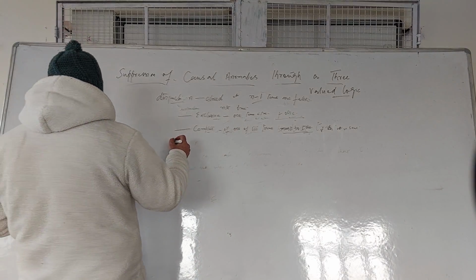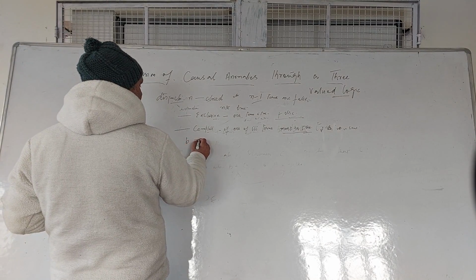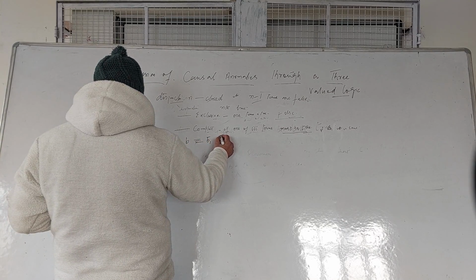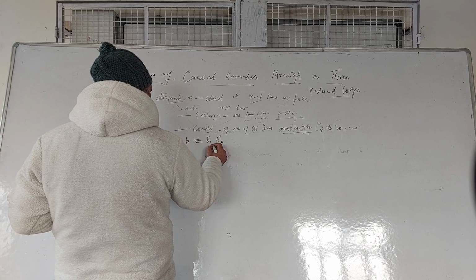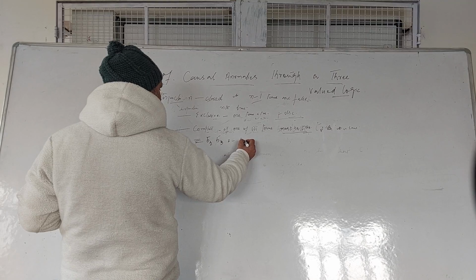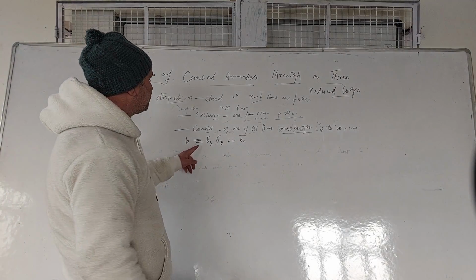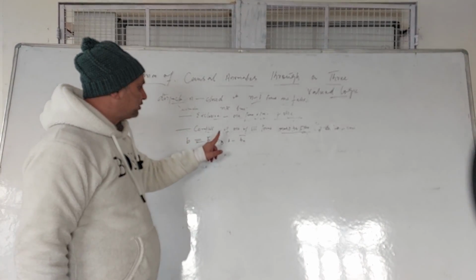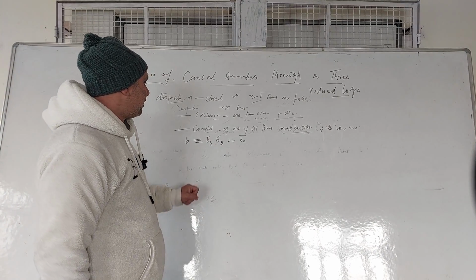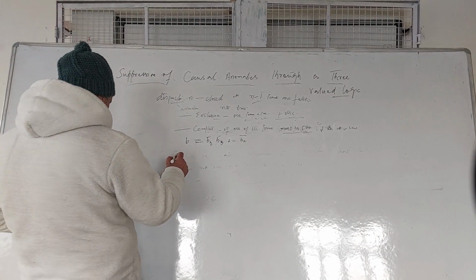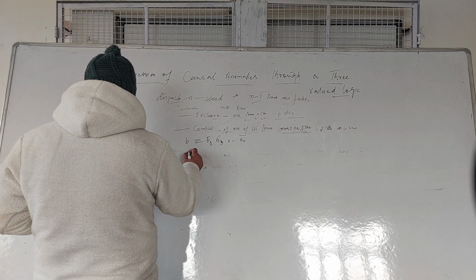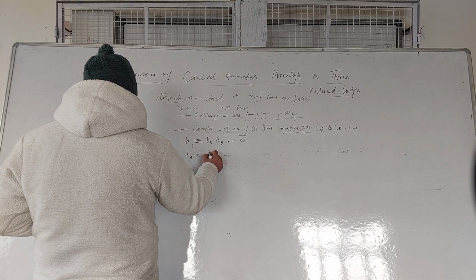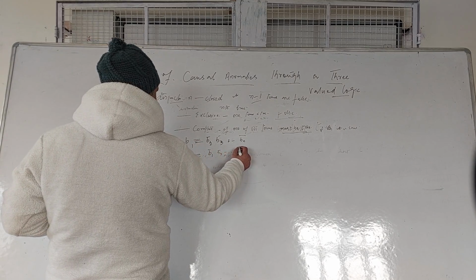For example, for the two-valued case, B1 disjunction B2 disjunction Bn is equivalent to: B2 not, B3 not, up to Bn not implies B1. Or B1 not, B3 not implies B2, and so on and so forth.